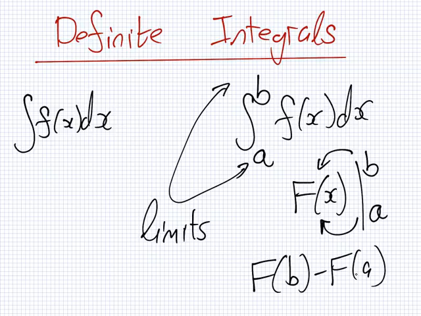The advantage of this is that we don't have to worry about the c. Even if I put in the c, it doesn't matter. So we'll do an example of this. Can I scroll down? Not yet?